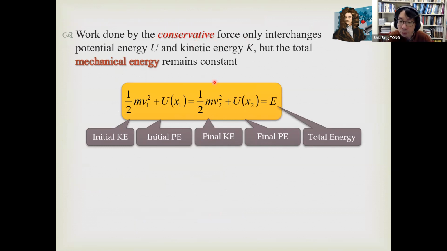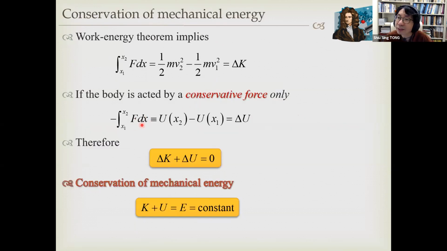Now, what it means here is the following. If the system is acted on by only one force, and that force is conservative, for example gravity, then the work done by that conservative force will only allow the kinetic energy and the potential energy to exchange with each other. Sometimes the kinetic energy becomes potential energy, and sometimes the potential energy becomes kinetic energy. But the sum of the potential and kinetic energy always remains constant.